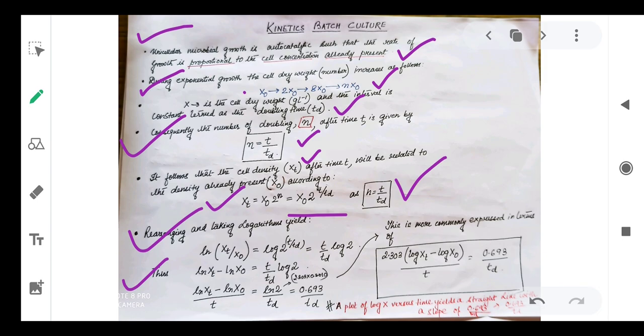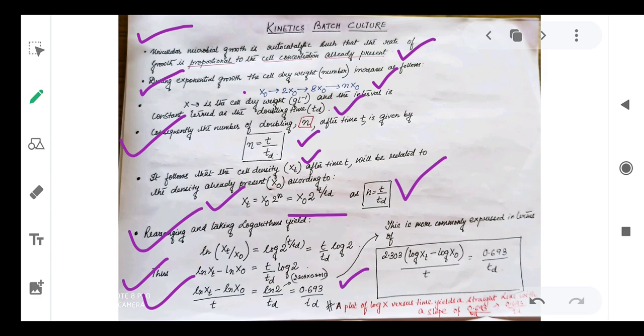Now you take the t, again cross multiply, and you get ln Xt minus ln X0 by t is equal to ln 2 by Td. Now, what is ln 2? You have to convert it into log 2. So it is 2.303 into log 2, where log 2 is 0.3010. If you multiply, you get 0.693 by Td, right?